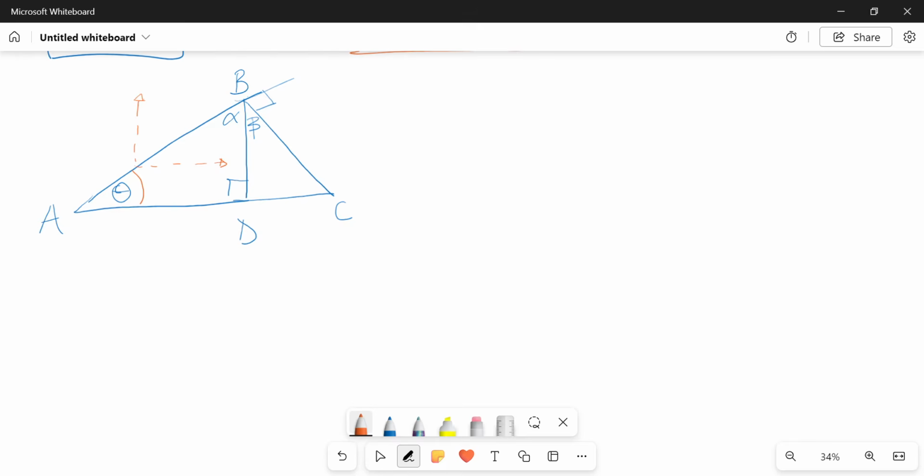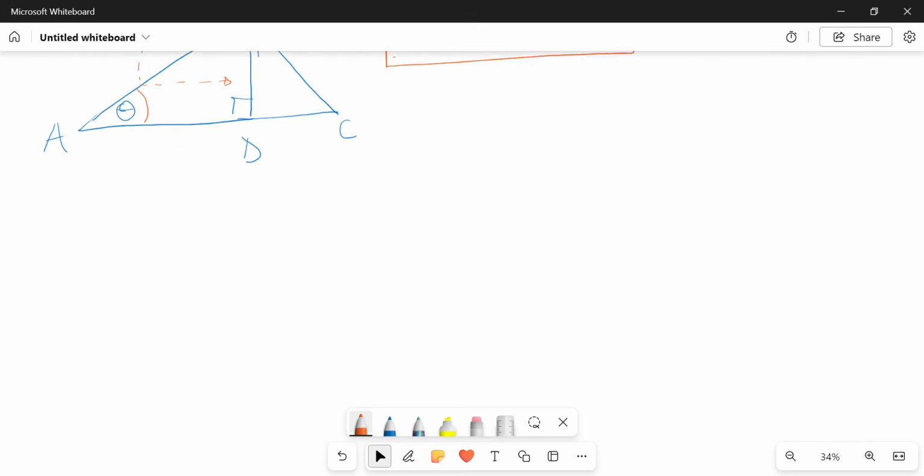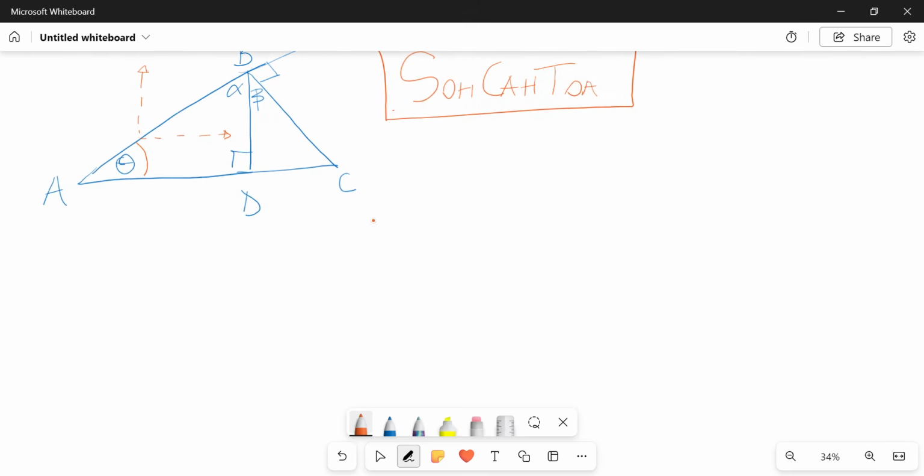And this essentially derives from our, please tell me you've seen this before. Okay. And if we isolate one triangle at a time, so let's try triangle ABD.